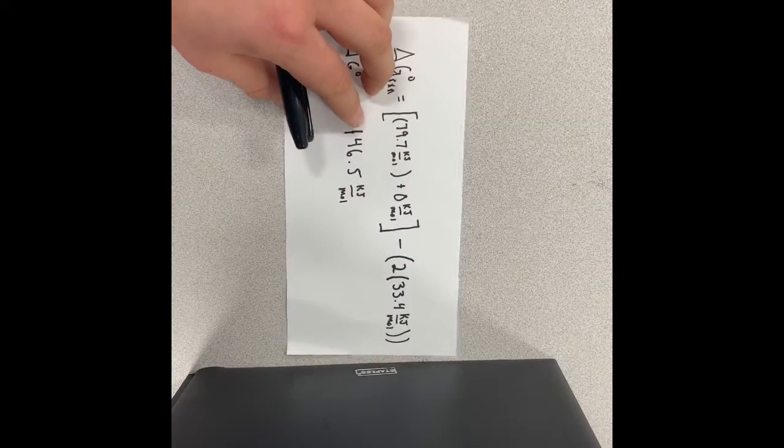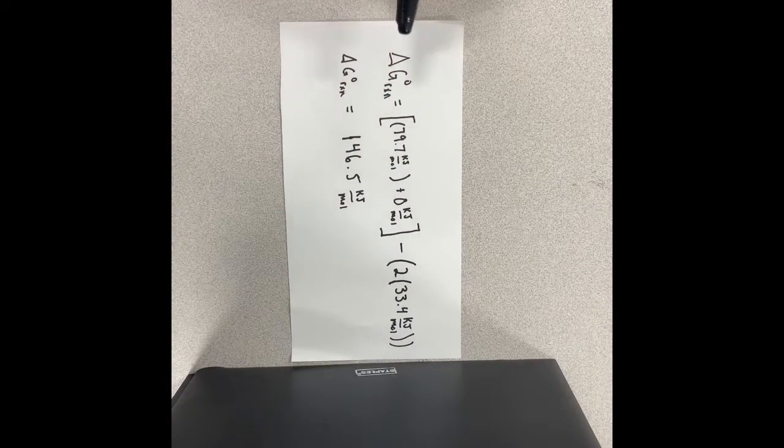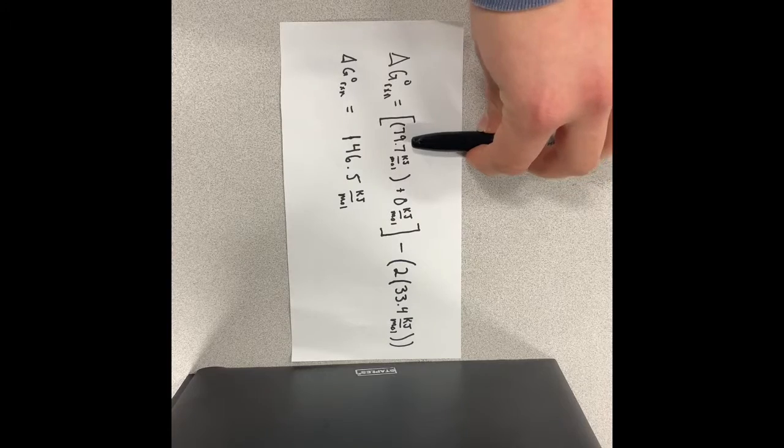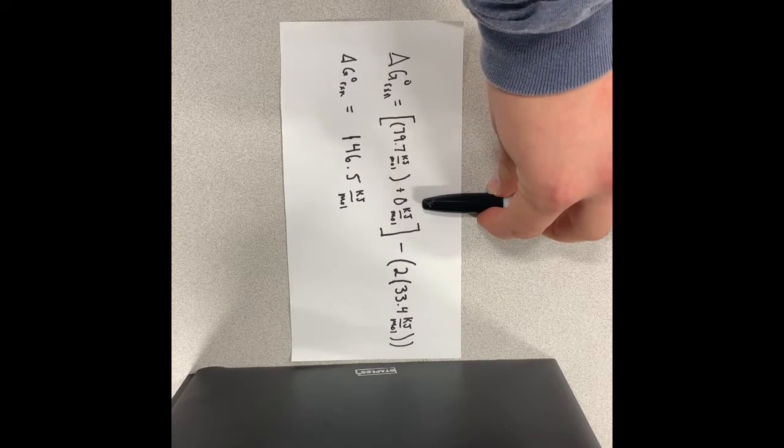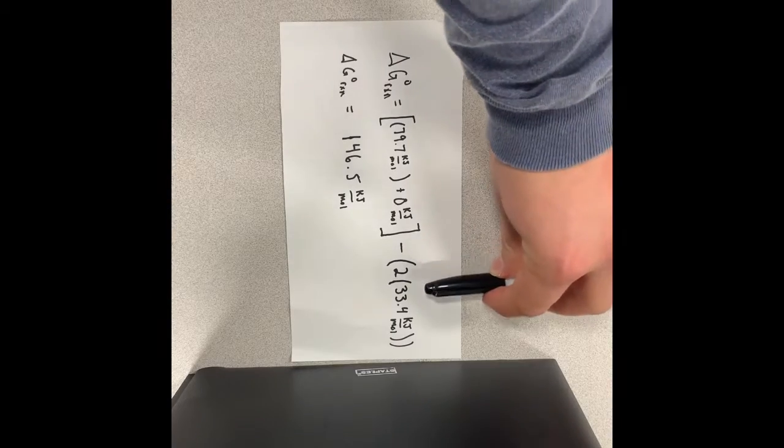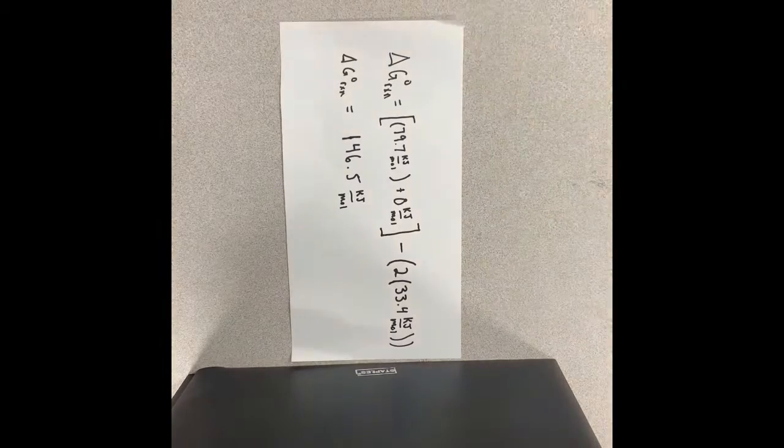After that, it's as easy as plugging it into our delta G reaction, where we have here our disulfur, our hydrogen, and our dihydrogen sulfide, which gave us an answer of 146.5 kilojoules per mole.